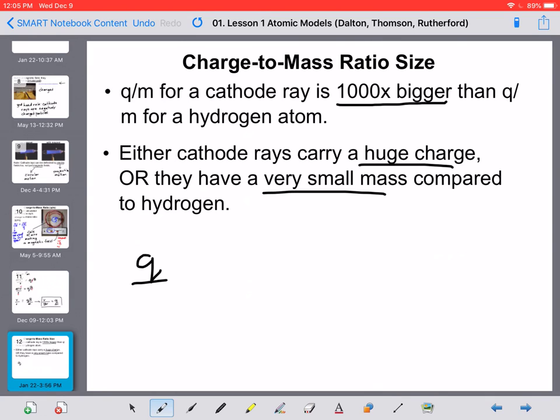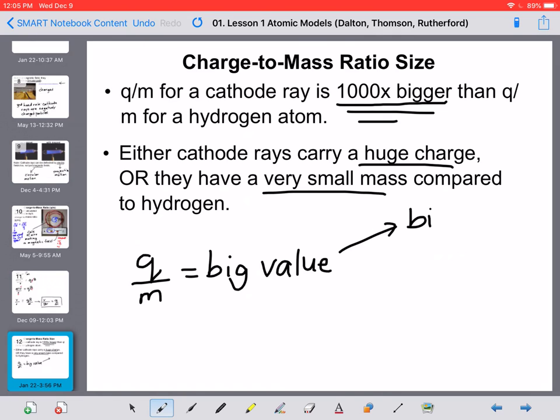If q over m ends up being a big value, which it was for cathode rays because it was 1,000 times bigger than the charge to mass ratio for hydrogen, there's two ways to get a big value for a charge to mass ratio. You could either have a very big value for q, or you could have a very small value for m.